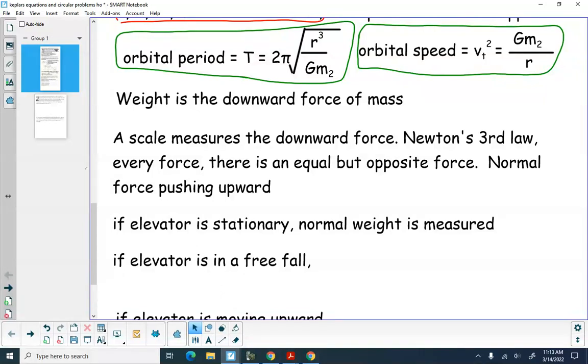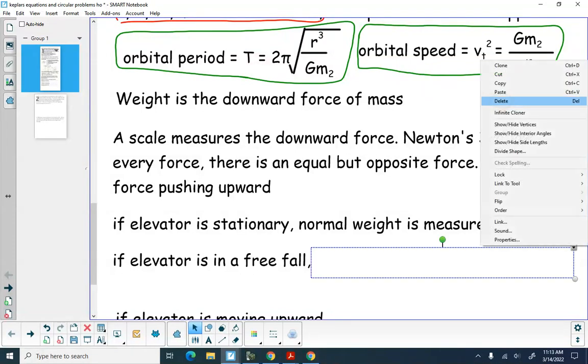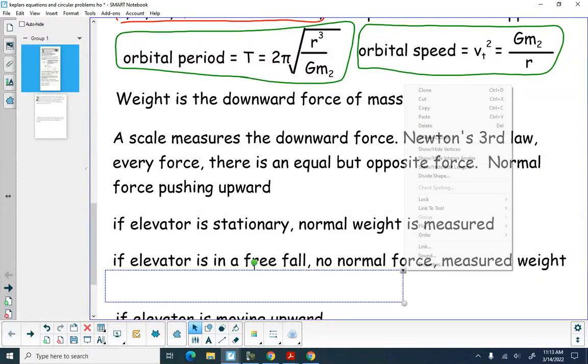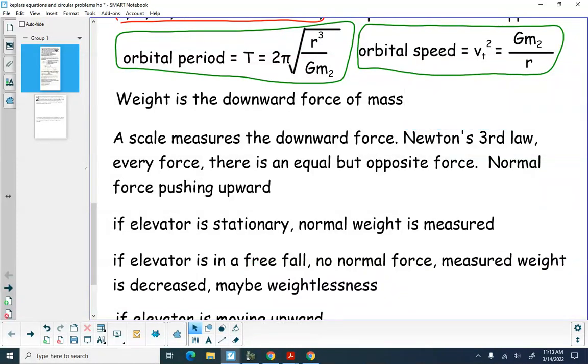No. The reason why is the floor is not pushing back up at you. The floor is going down. What you basically start to experience is the idea of weightlessness. No normal force, measured weight is decreased.